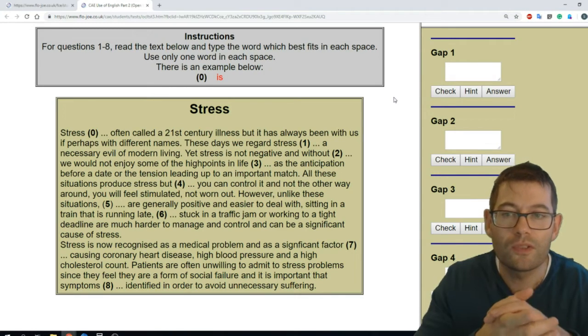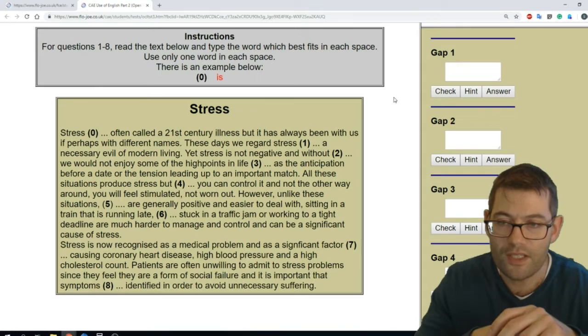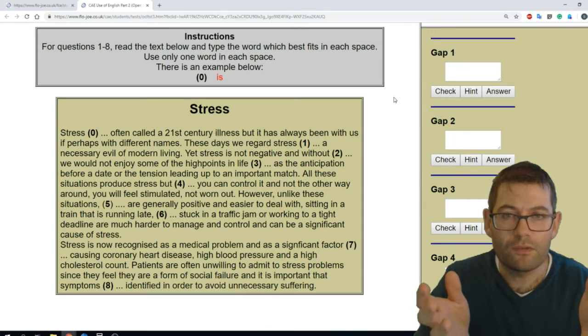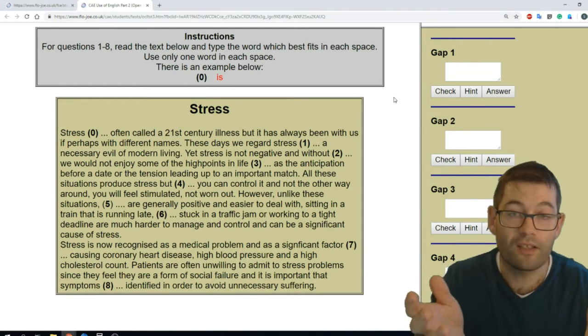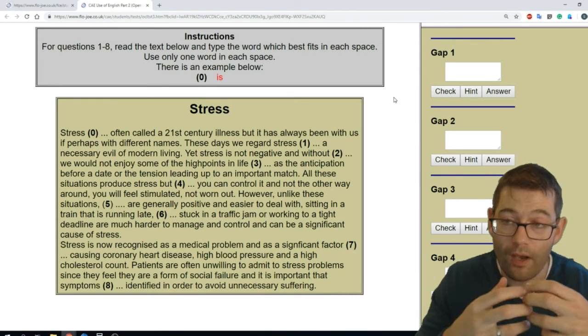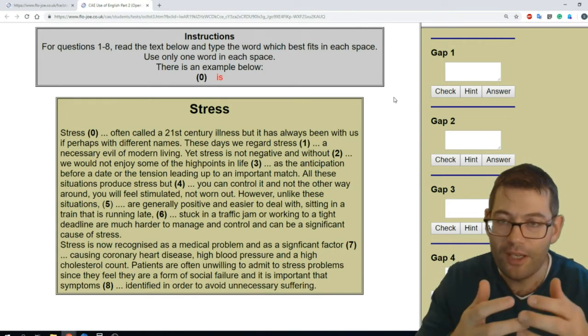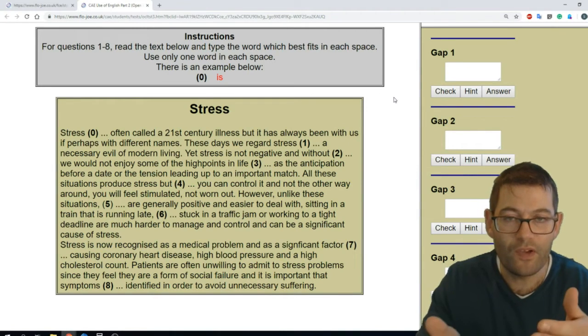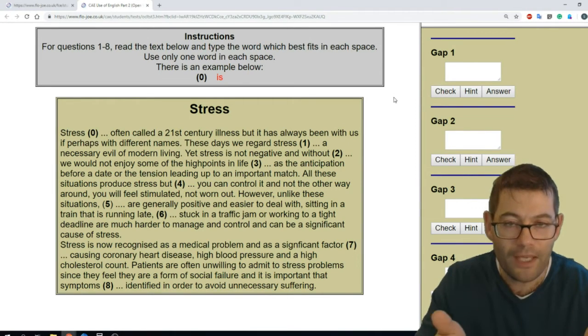Stress is often called a 21st century illness. First of all, called. What's called? Called is an adjective. I am called Simon, for example. And we introduce adjectives with the verb or a form of the verb be, in this case, is.